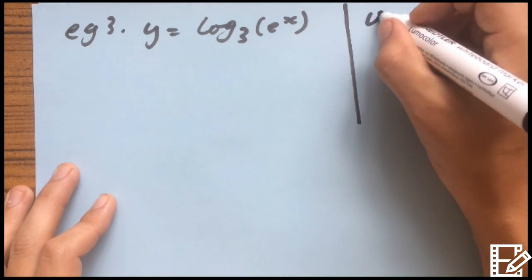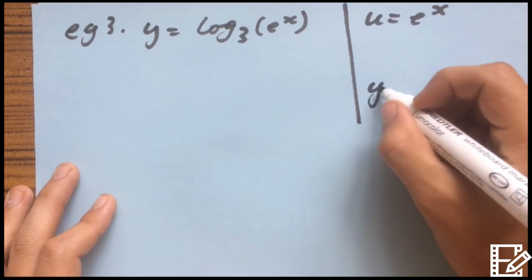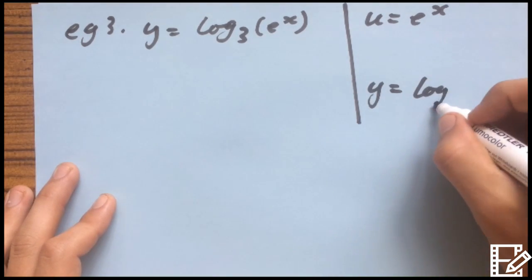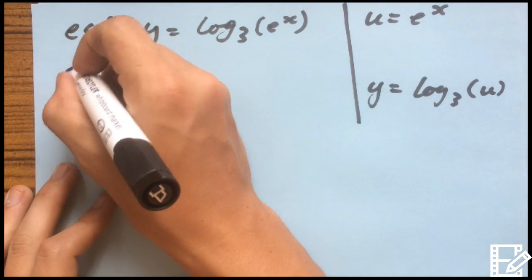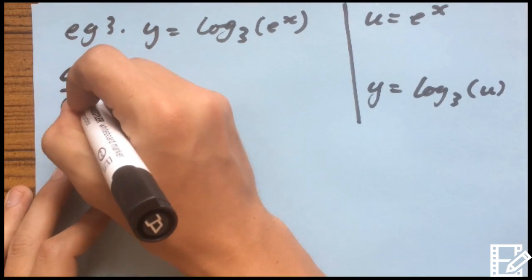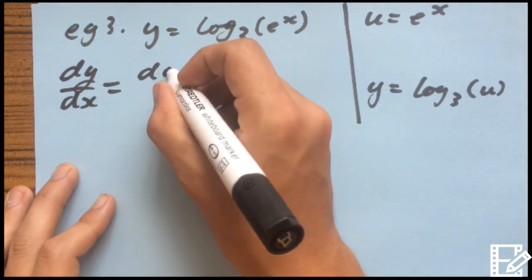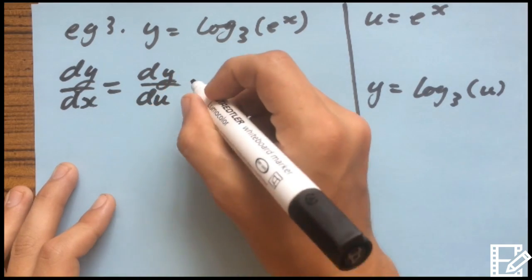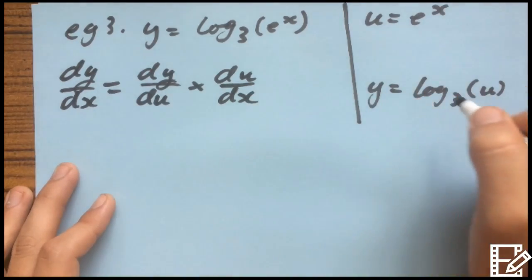In that case, we can call u e to the x, and y log to the base of 3 of u. The derivative of y with respect to x equals the derivative of y with respect to u multiplied by the derivative of u with respect to x.